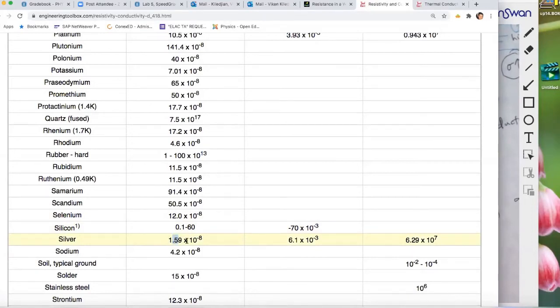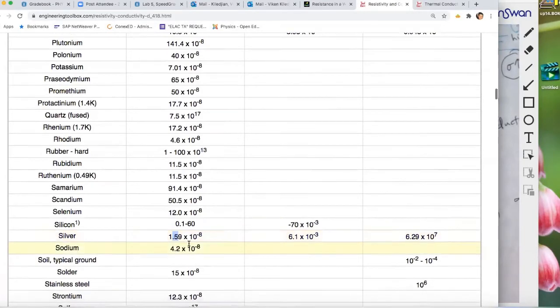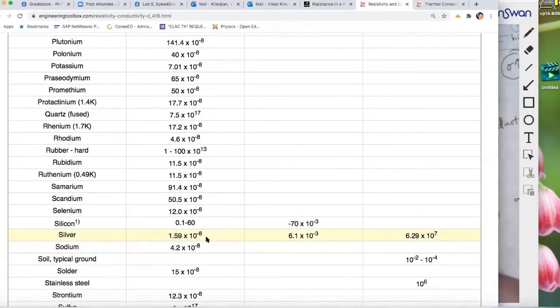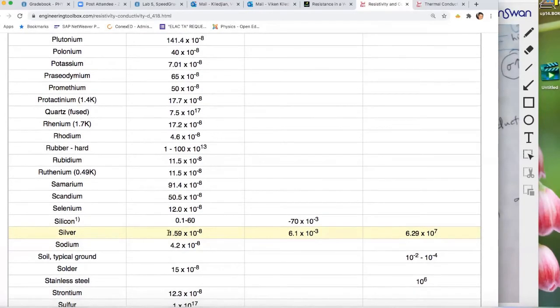So for silver, rho 0 is 1.59 times 10 to the minus 8, and alpha is 6.1 times 10 to the minus 3.